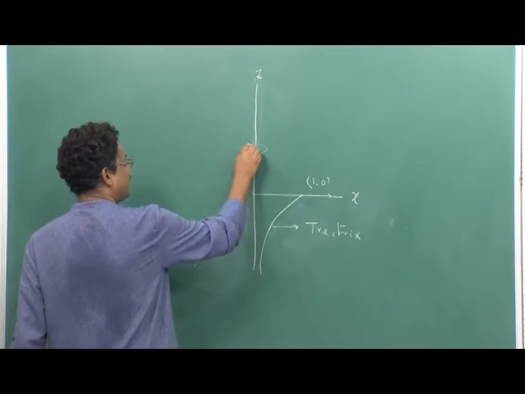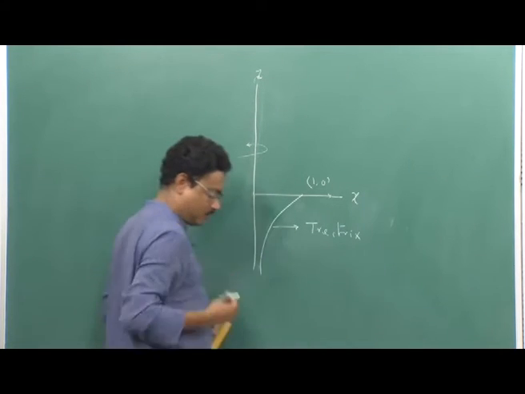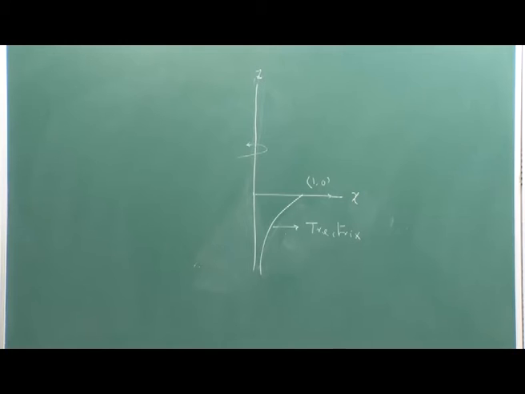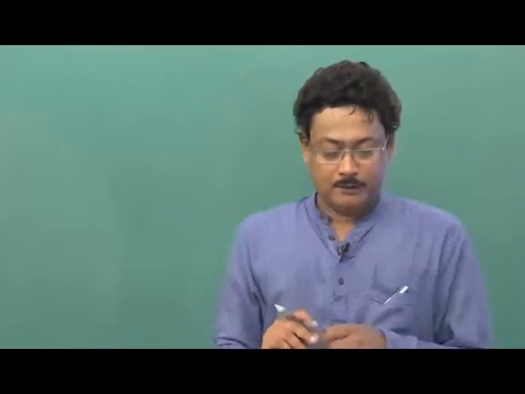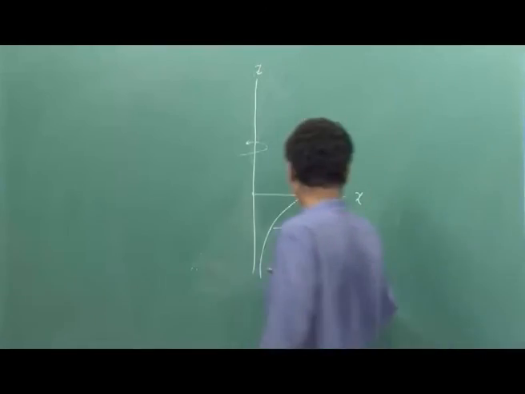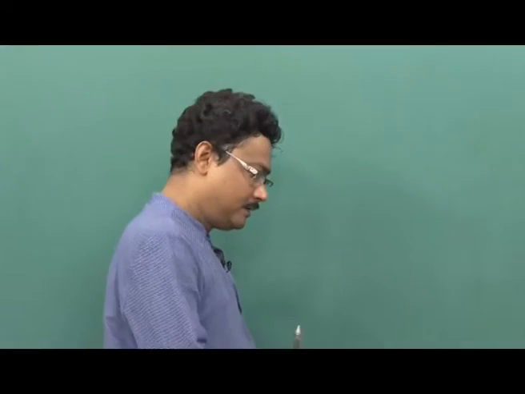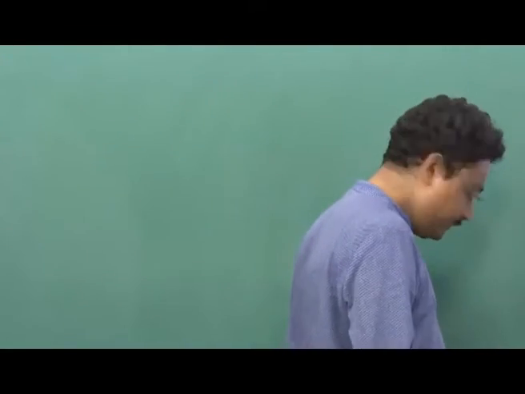Now, we will rotate it around the z axis. The y axis is here, I am not drawing the y axis because drawing becomes difficult in that case. So, it is called tractrix.